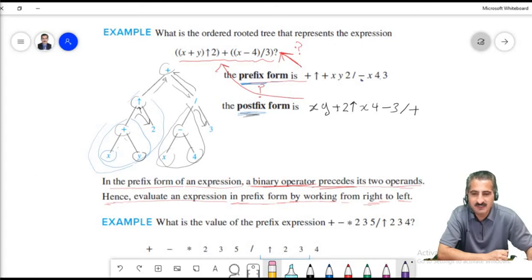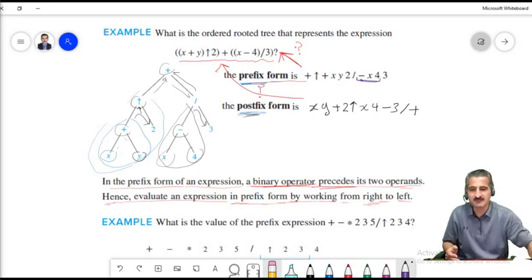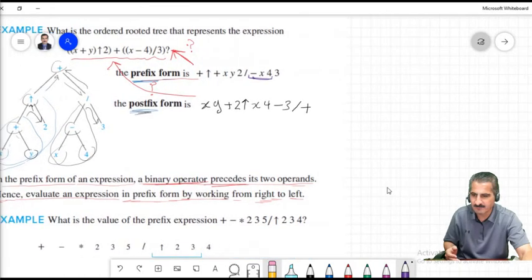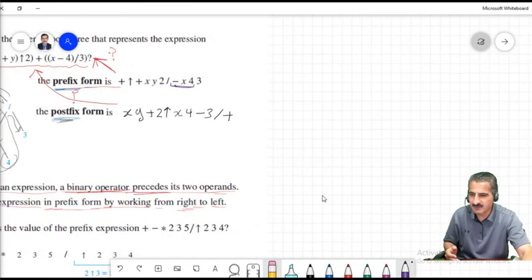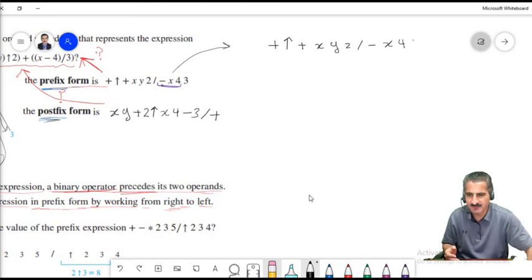So I will take the two operands that come after it. I need a space, so I will copy this here. It is plus, exponent, plus x y 2 divide minus x 4 3.